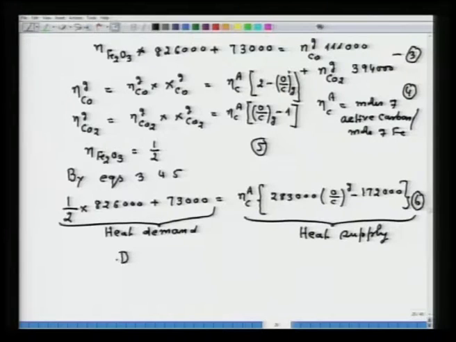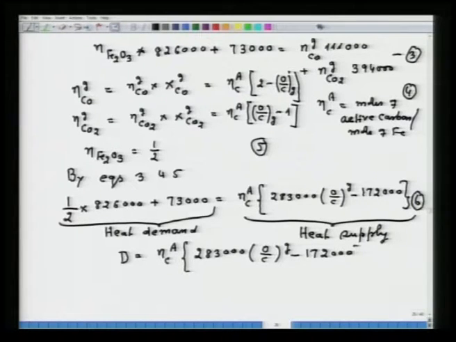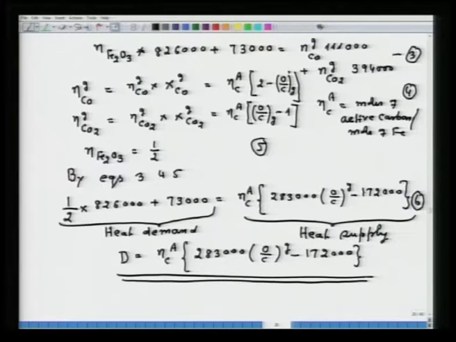So we can put D, which is the heat demand and is a variable, equal to NCA into 283,000 O by Cg minus 172,000. That is our starting equation in order to now combine material and heat balance.